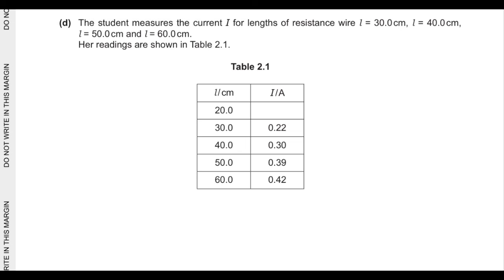D part says the student measures the current for the length of the resistance wire 30 cm, 40 cm, 50 cm and 60 cm. Her readings are shown in table 2.1, but the current for the 20 centimeter length is missing, which we have just calculated above, 0.18 amperes.